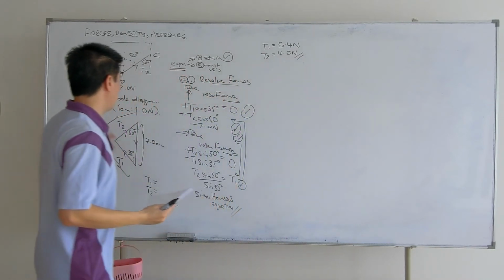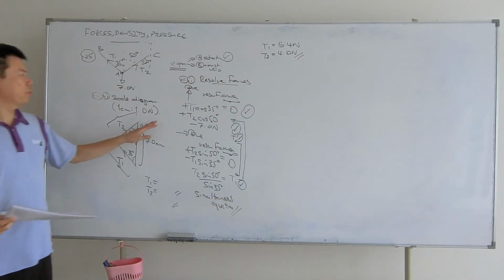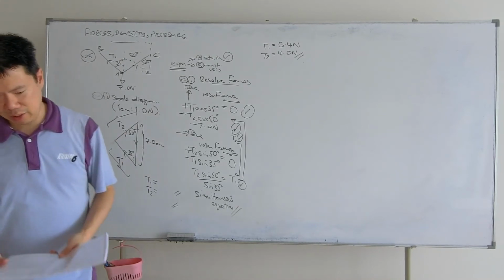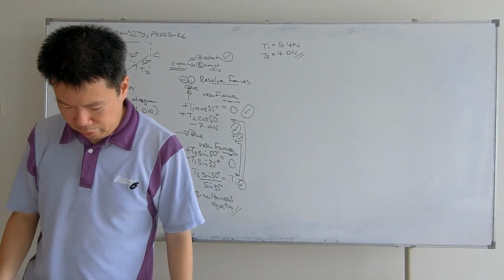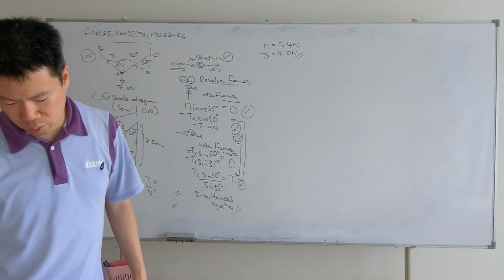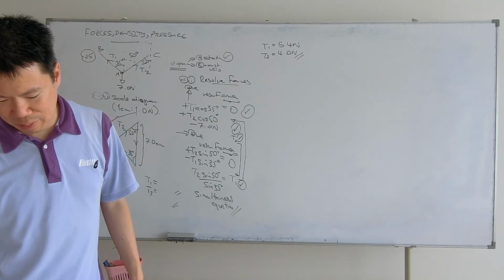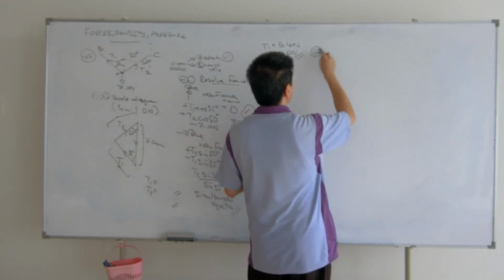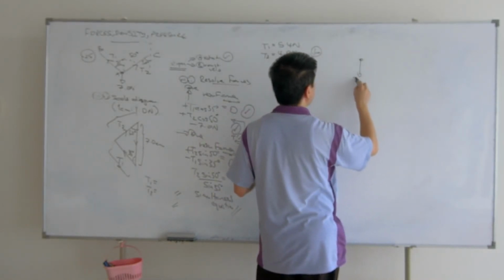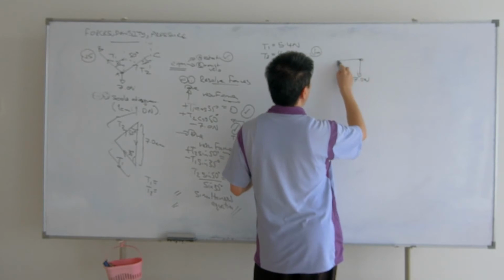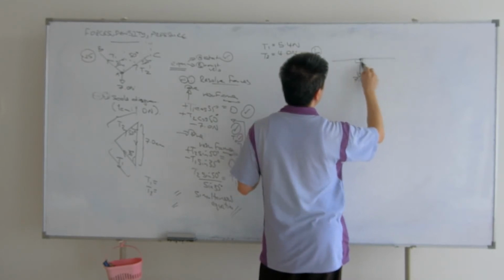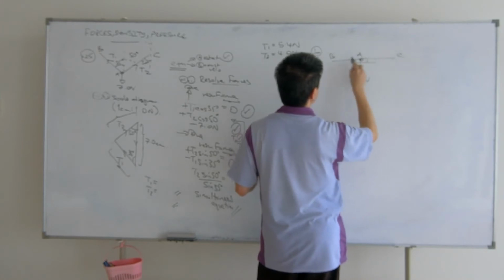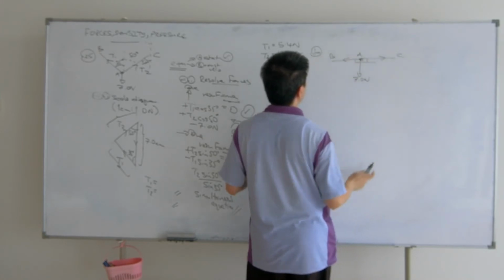So now you have two techniques: use a scale diagram or the resolving forces technique. Now comes the question: by reference to the figure, suggest why the weight could not be supported with strings AB and AC both vertical. Very interesting question. If you have 7 newtons here, why can't AB and AC be vertical?